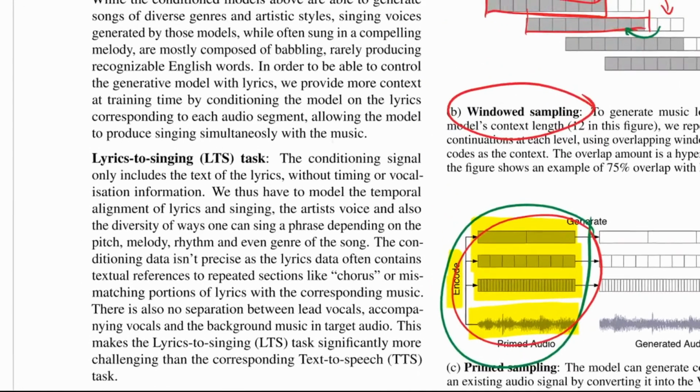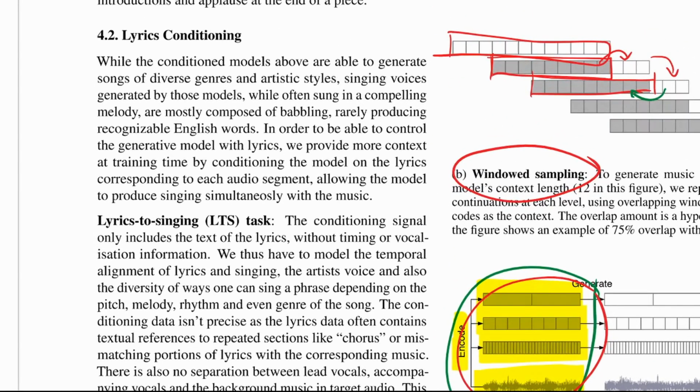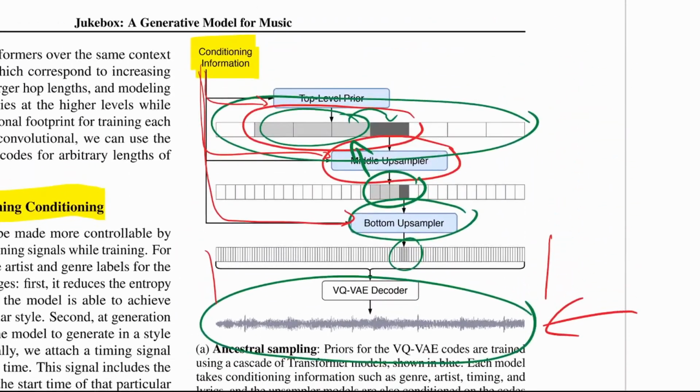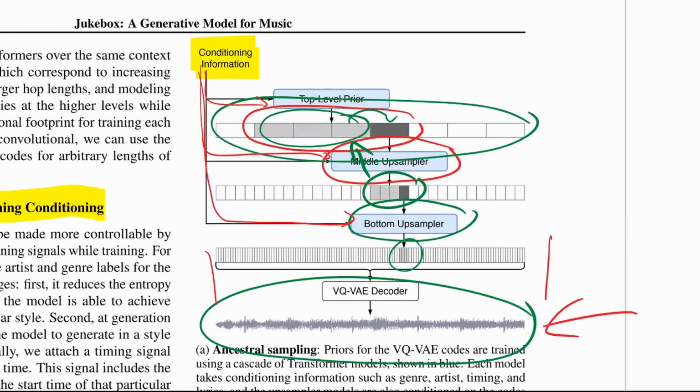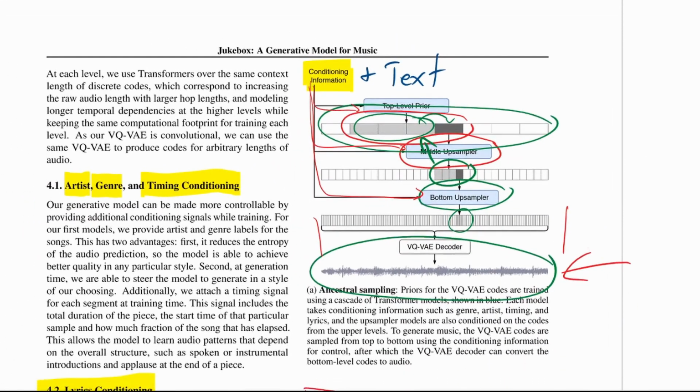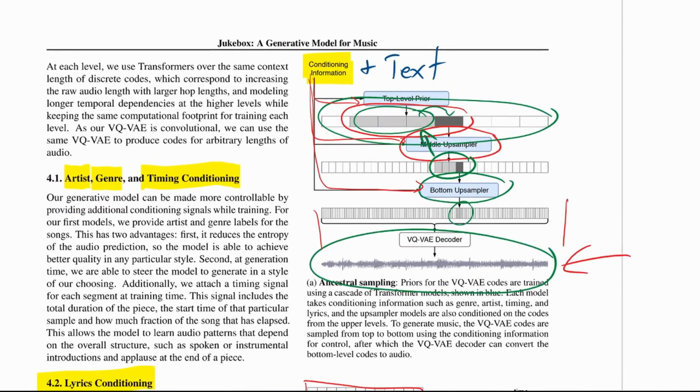And that's why they're building in an additional thing to do lyrics conditioning. So with lyrics conditioning, the idea is that in the conditioning information, you also add lyrics. So here is plus text. So you add text, and then the model can also look at the text.